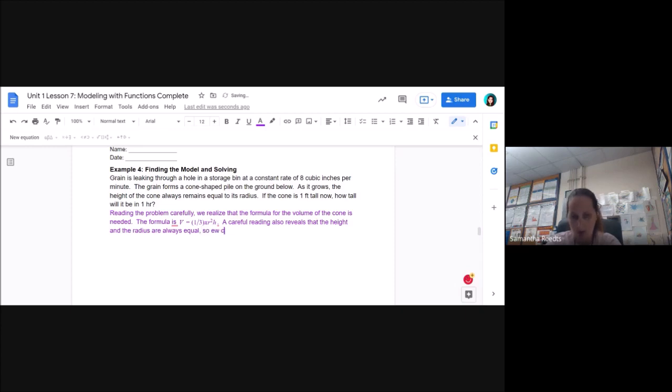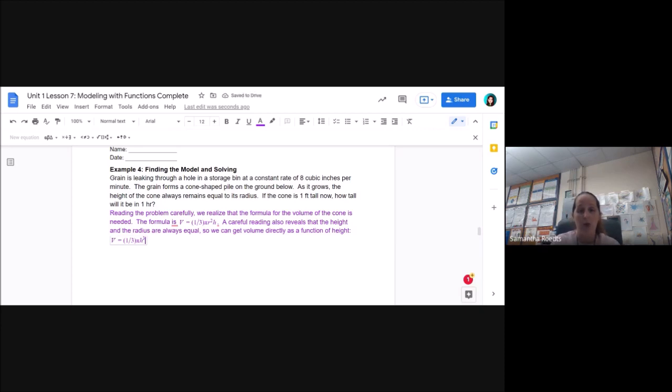So we can get volume directly as a function of height by saying V equals 1/3 pi height cubed.